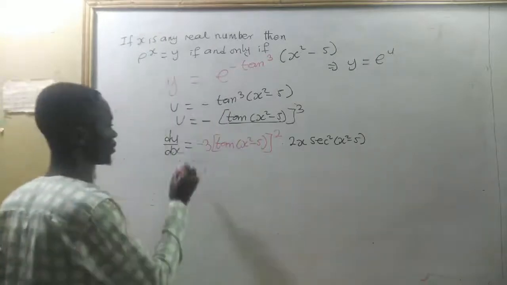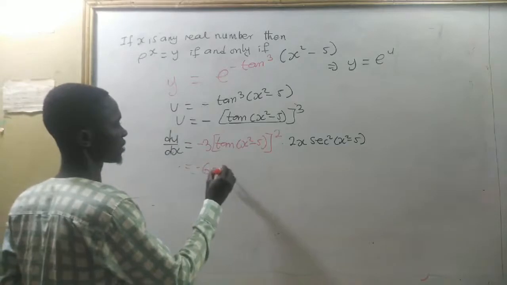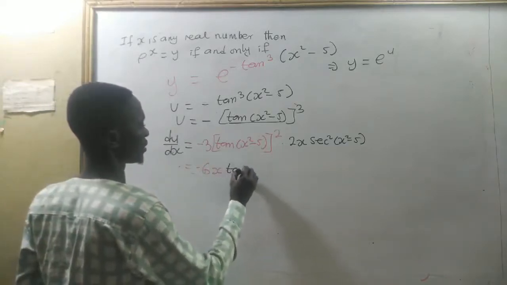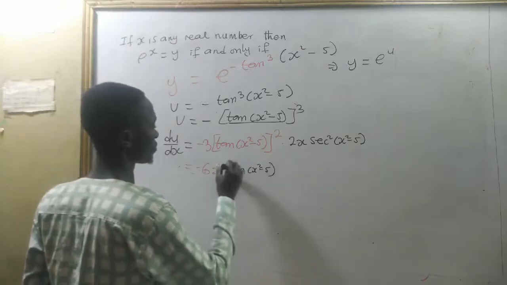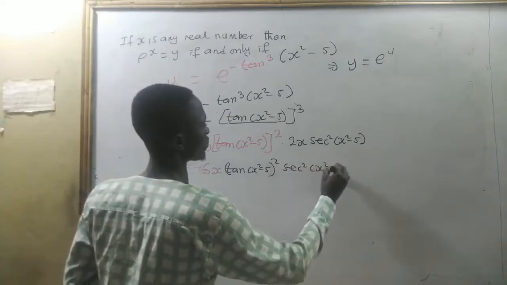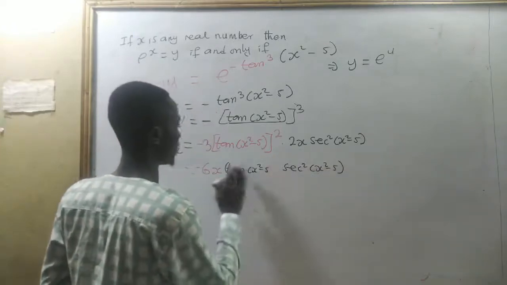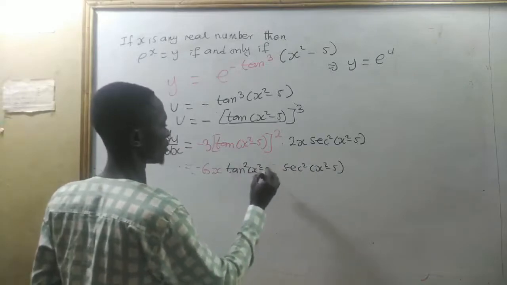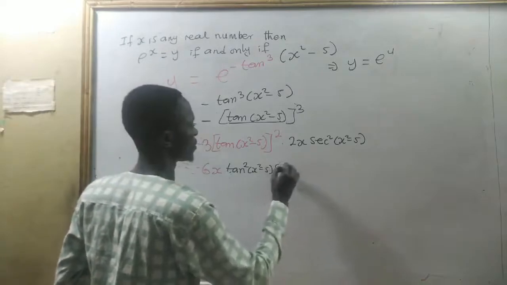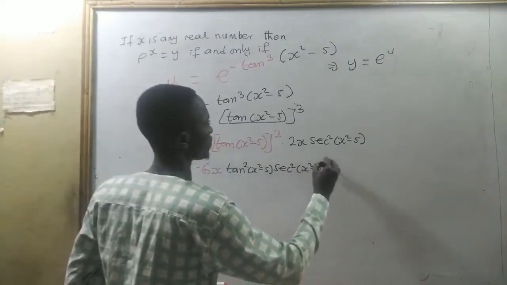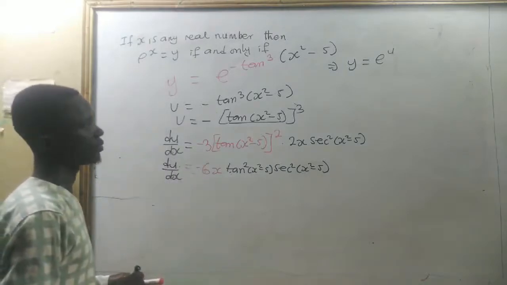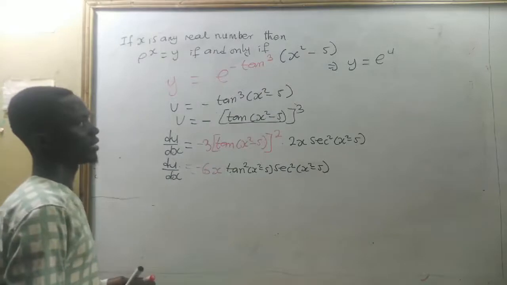And this one will be simplified to minus 6x times tangent of x squared minus 5 all squared, then secant squared x squared minus 5. Okay, let's bring the square here and put this in brackets. Now let this be attached to this secant squared x squared minus 5 as du on dx. Now we have to find dy du.